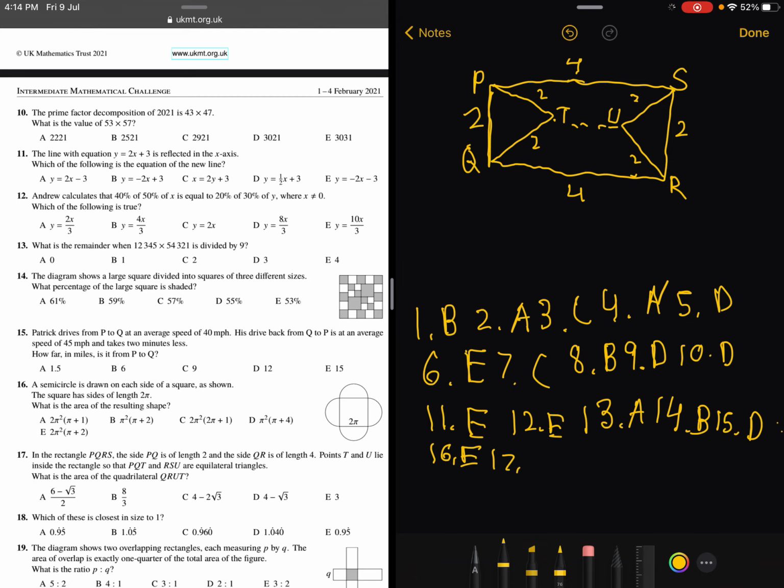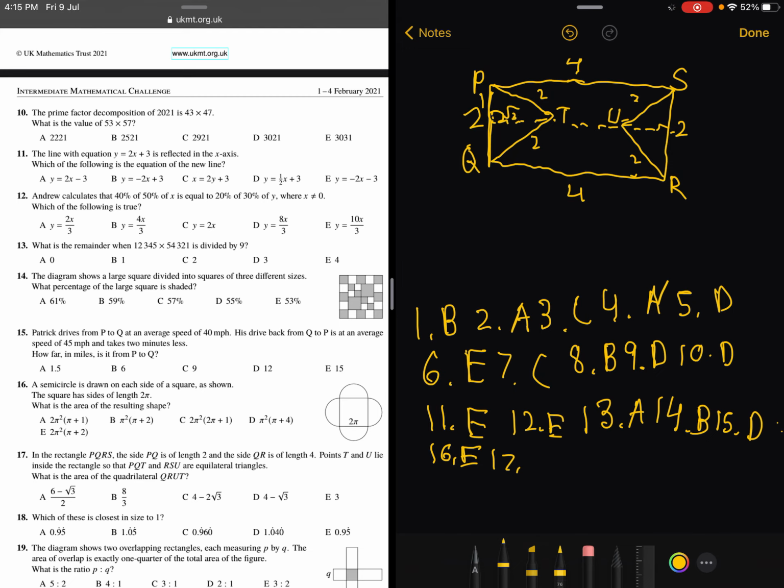So to find UT, we can simply do 4 minus the height of these two triangles. And the way to find the height of these two triangles would be to drop a perpendicular, 90 degrees, and you can see that this is 1 because this is half of the entire thing, and this is root 3.